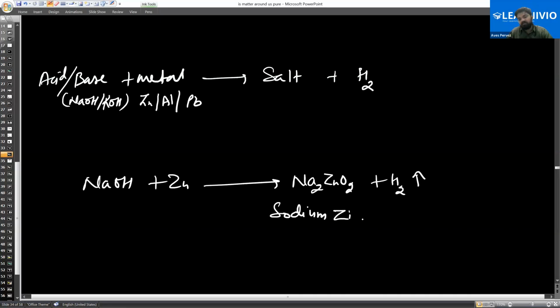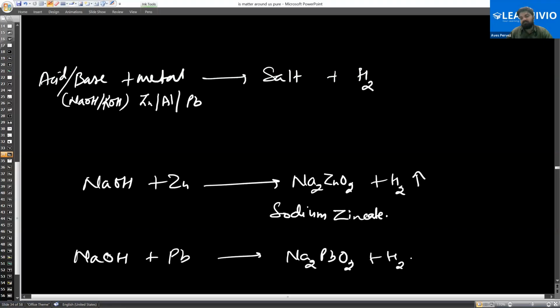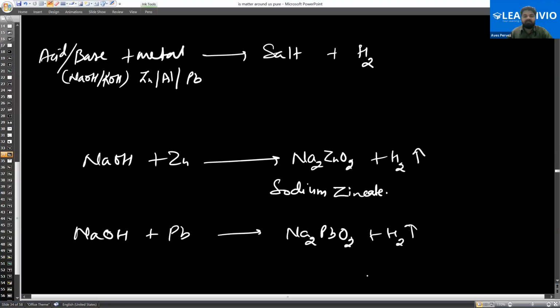Same if you are reacting NaOH with lead, Pb, it will give you Na2PbO2 plus hydrogen gas. And NaOH reacting with aluminium will give you NaAlO2 plus hydrogen gas. Got it, Sonal?